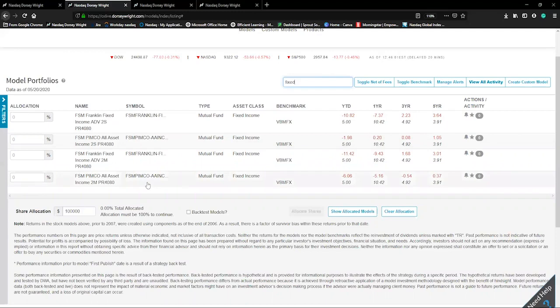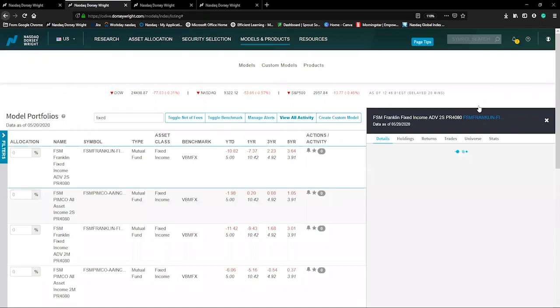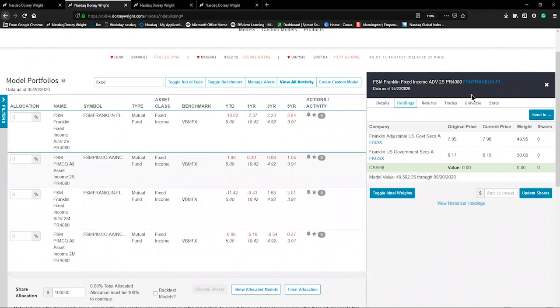Right up at the top of the page, you can see FSM Franklin fixed income, the 2S PR 4080. So again, looking at the Franklin fixed income inventory, looking at holding two funds evaluated on a seasonal basis, and using a slightly different cash trigger than those that we've seen thus far.